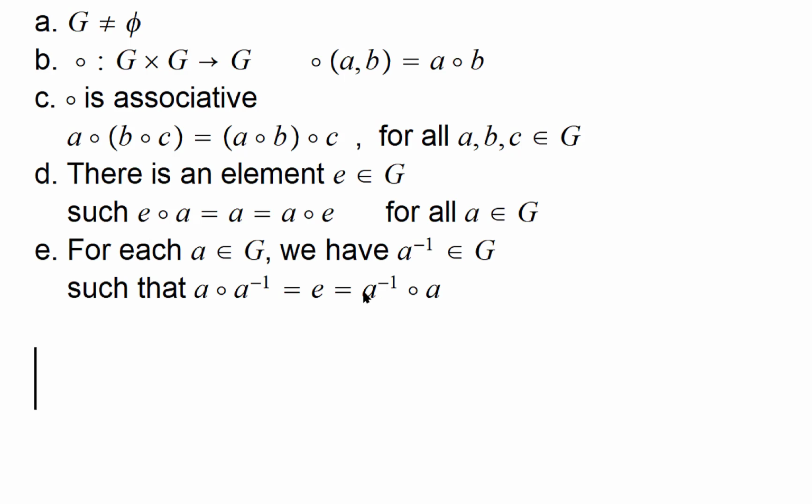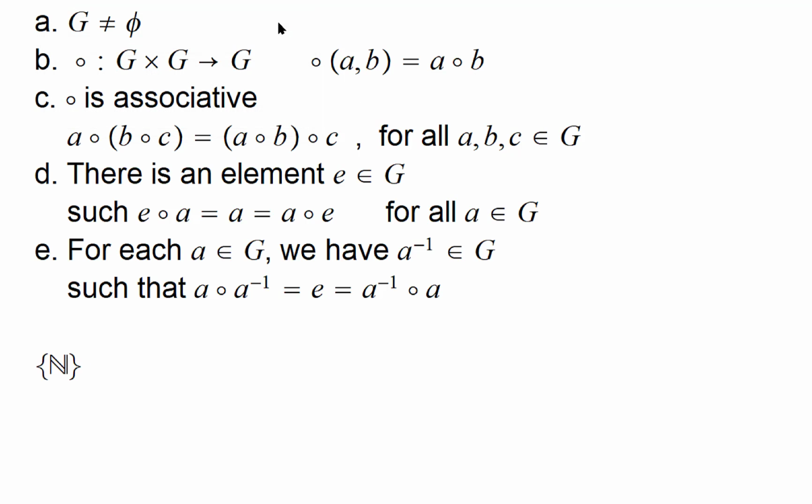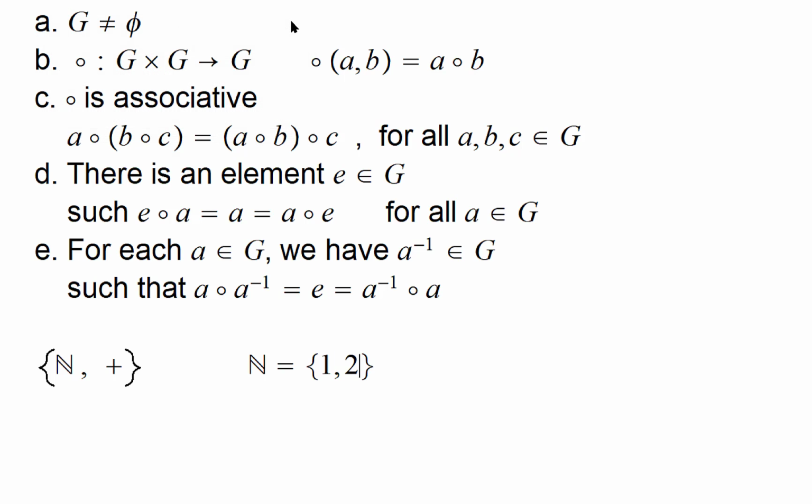So let's just begin afresh, and let's take something familiar. For instance, let's take the set of natural numbers, which is 1, 2, 3, 4, etc. Let me just list the first few elements: 1, 2, 3, 4.